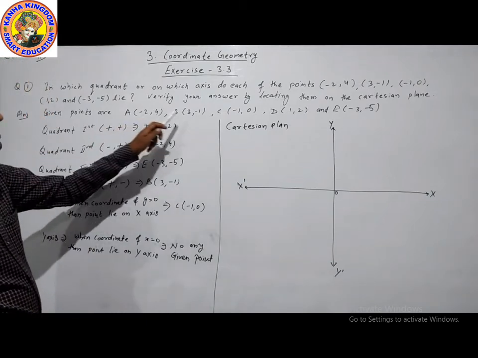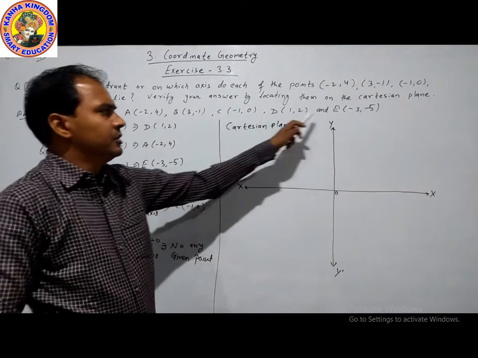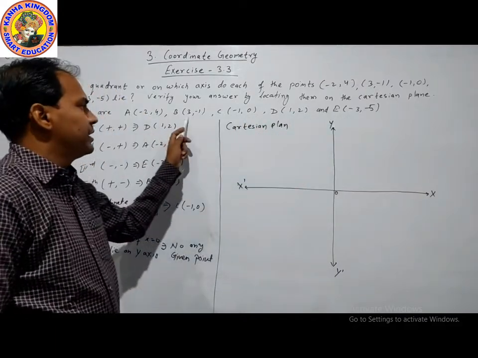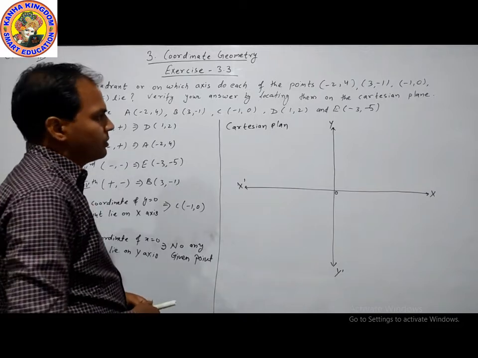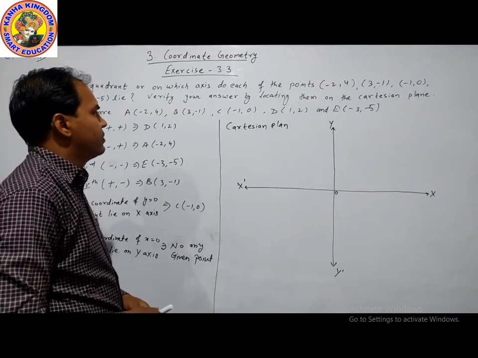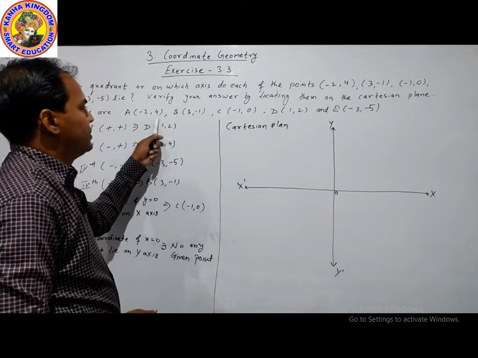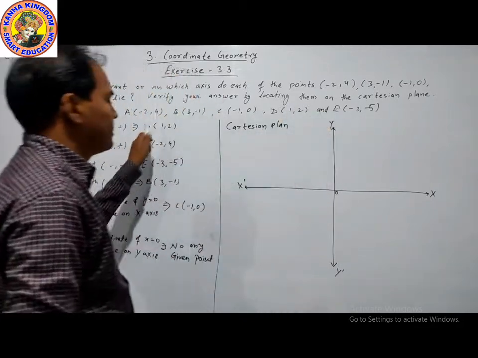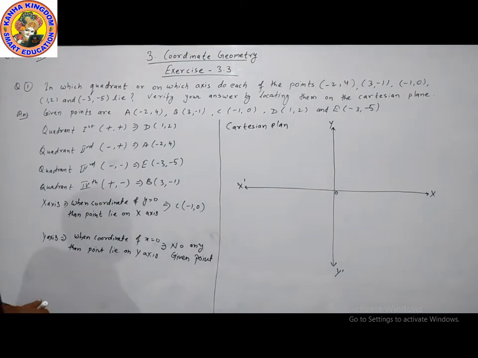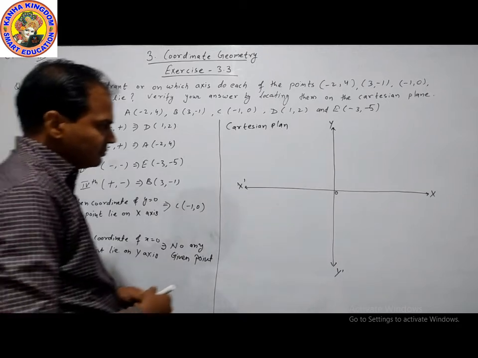X is -2, 3, -1, 1, -3. The range of x is -3 to +3. Now testing the range of y. Y is 4, -1, 0, 2, -5. The range of y is -5 to 4. So we will take both x and y axes up to 5.